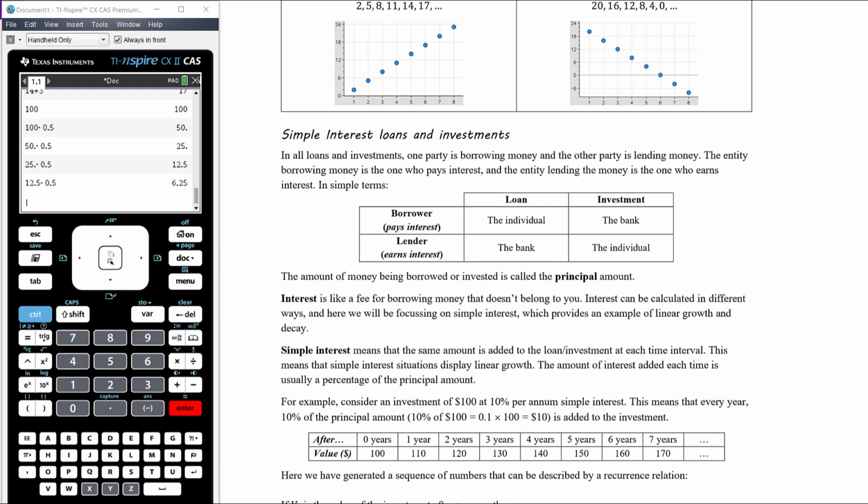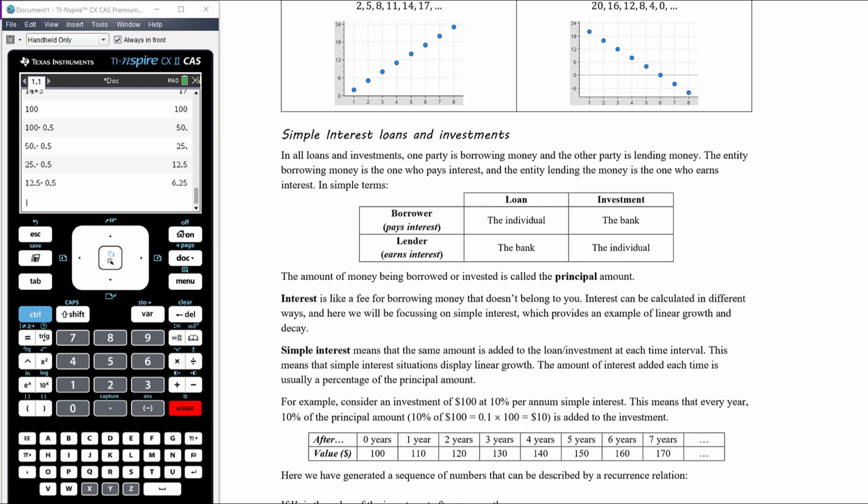As I said, simple interest provides an example of linear growth and decay. Simple interest means that the same amount is added to the loan or investment at each time interval. So whether that's every week, day, month, year, whatever it might be, it's the same amount, a fixed flat amount. So the amount of interest added each time is usually a percentage of the principal amount.